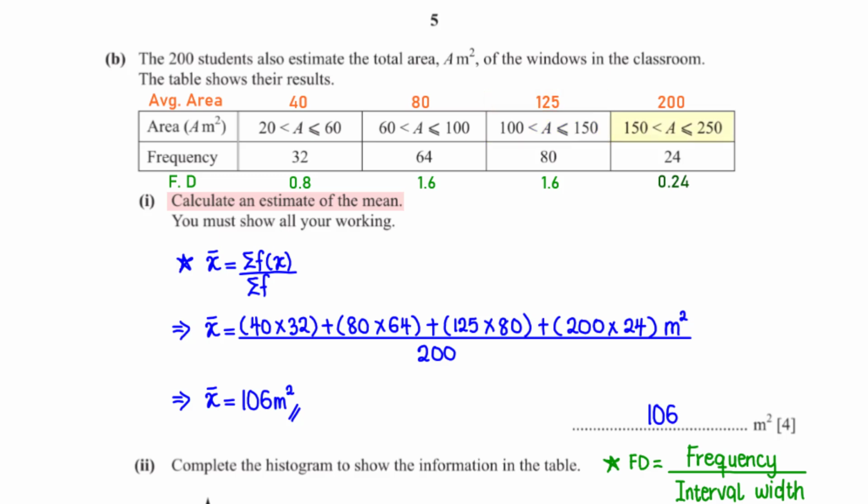Then finally, we have 150 plus 250 divided by 2, which is 200. So now sigma f of x is 40 times 32 plus 80 times 64 plus 125 times 80 plus 200 times 24, divided by 200. When we type this into the calculator, we get the mean as 106 meters squared.